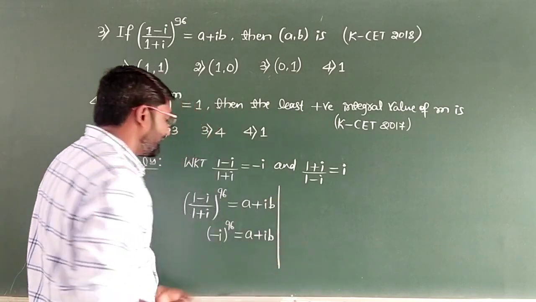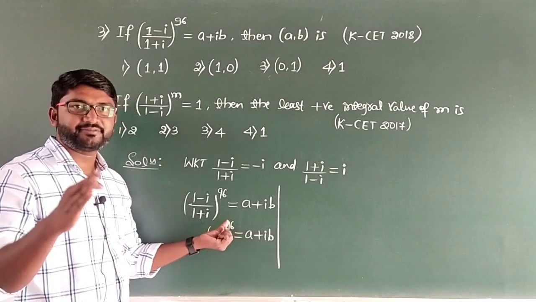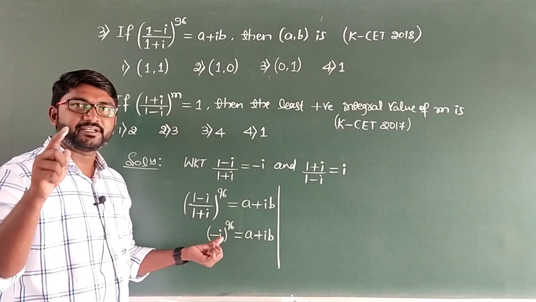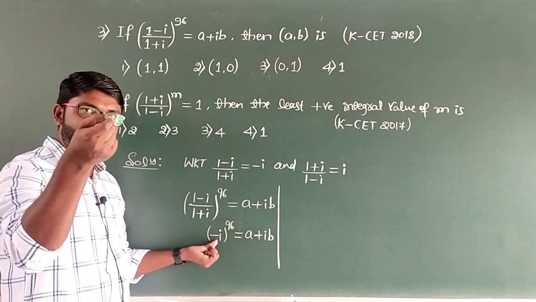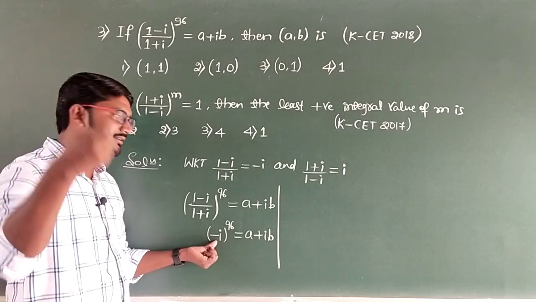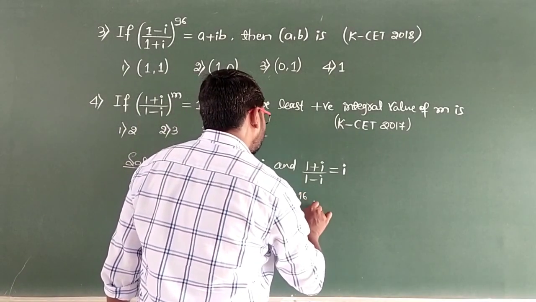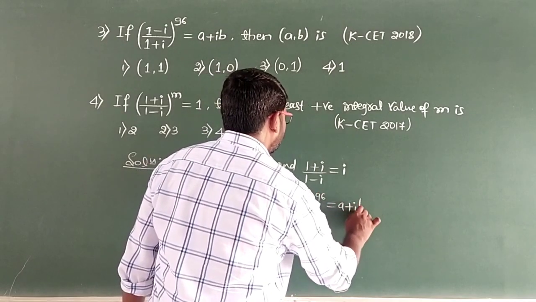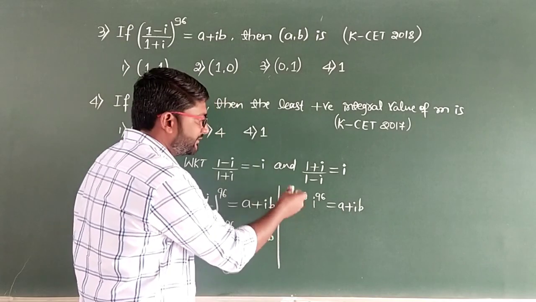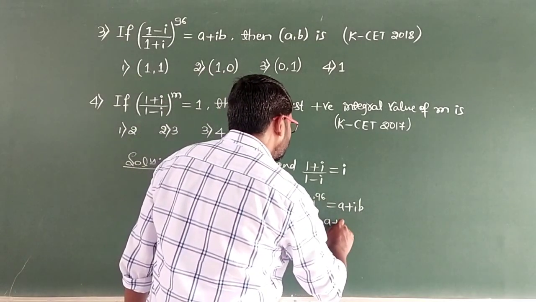Then what is the value of minus i to the power 96? 96 is a multiple of 4, then obviously it will be 1. So this can be written as minus 1 to the power 96 and i to the power 96. Minus 1 raised to 96 will be plus 1 and i to the power 96 is going to be again 1. So 1 is equal to a plus ib.